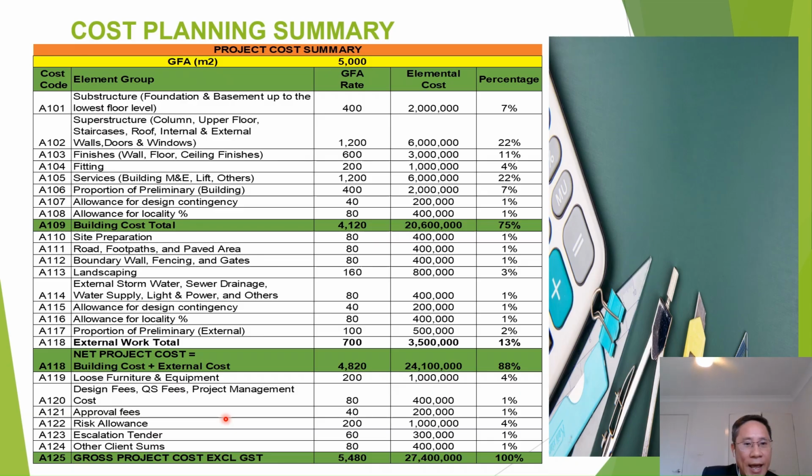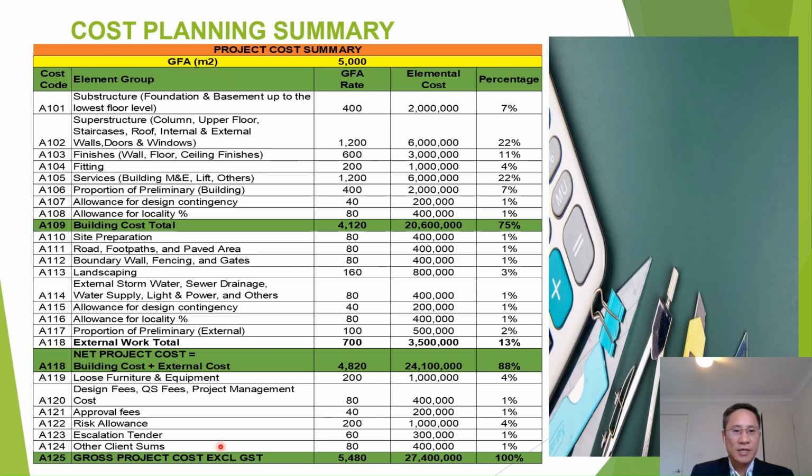Remember the contingency for construction cost will be put at the project cost, and by doing so we can come up with the cost planning summary.